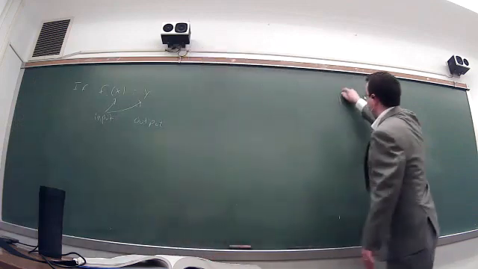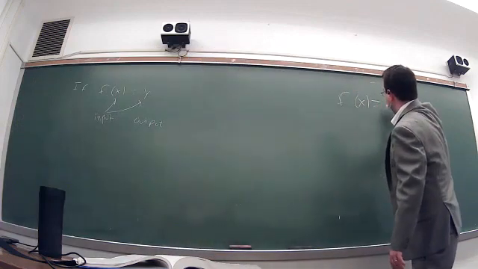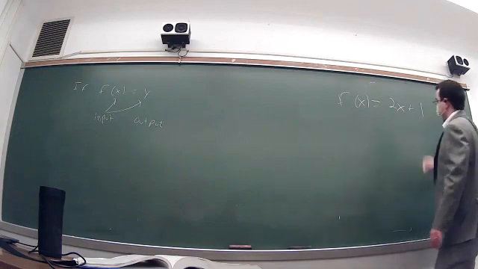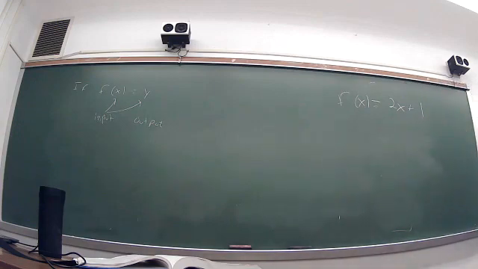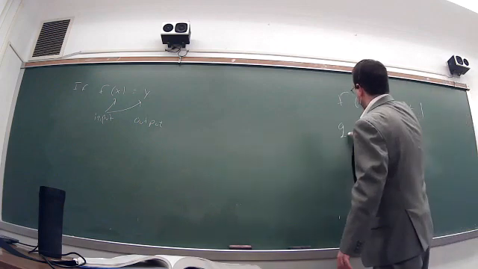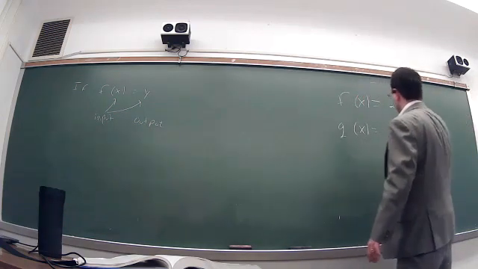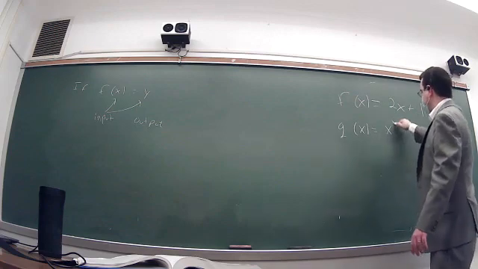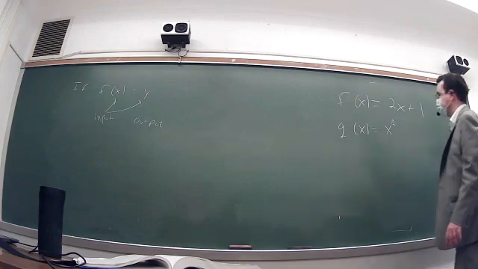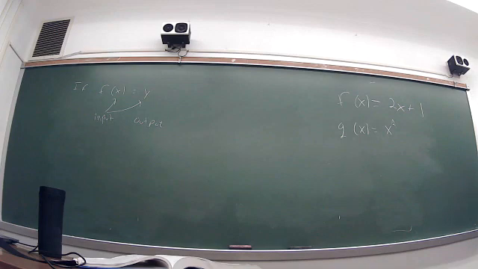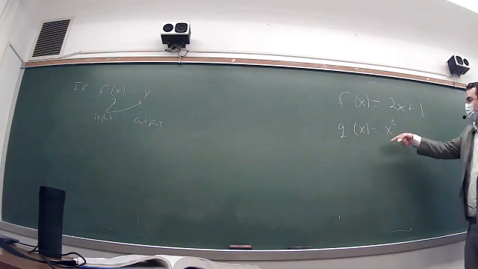I'll give you 2 examples of functions here. Let's take f of x equals 2x plus 1. This f of x is a linear function. And I'll take another function called g of x, and that one I'll just say x squared. This one is an example of a quadratic function.